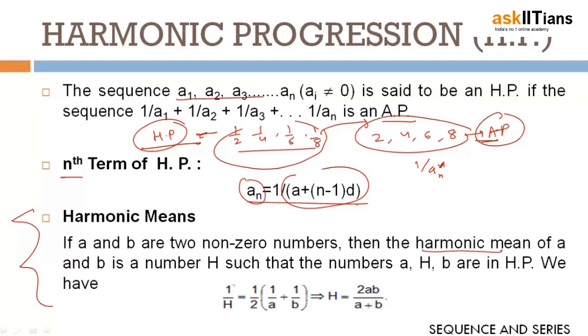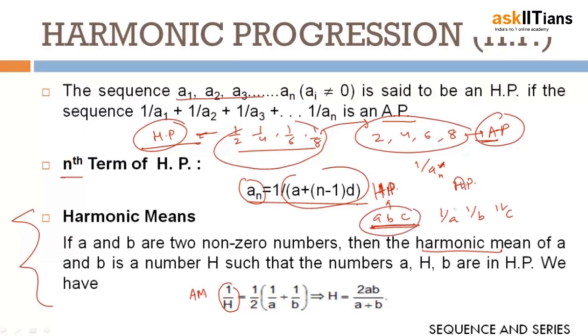If A, B, C are in AP or HP, then the reciprocals will be in the other progression. So if this is AP, this will be HP and vice versa. Let us take these terms in HP and their reciprocals in AP.